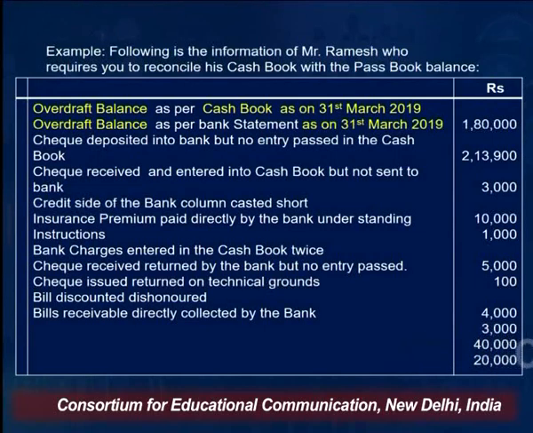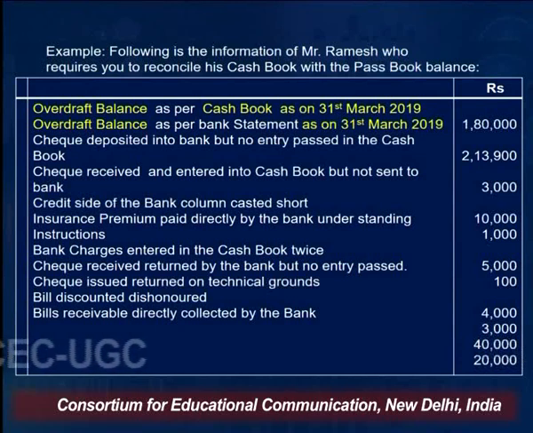So let's understand this with the help of an example. In this question, the overdraft balance as per the cash book on 31st March 2019 is 1,80,000. The overdraft balance as per the bank statement, known as the passbook, on 31st March 2019 is 2,13,900.